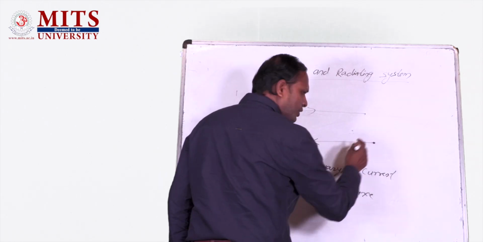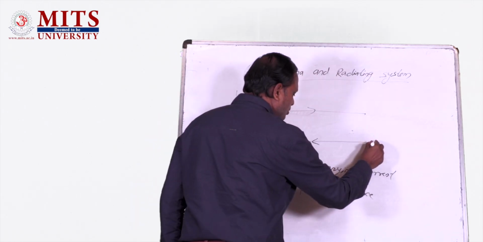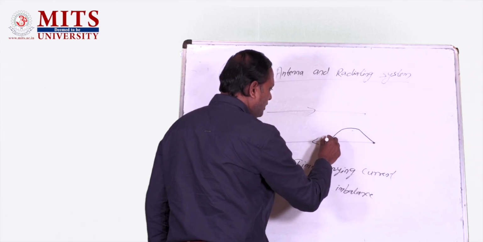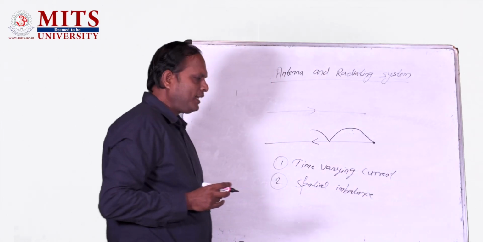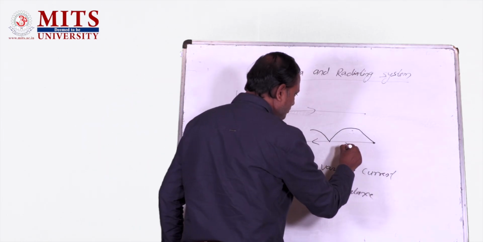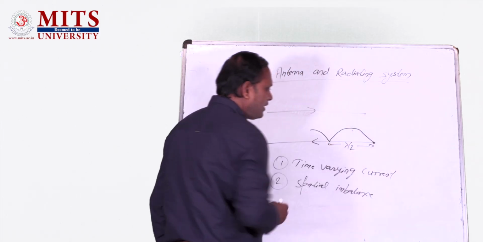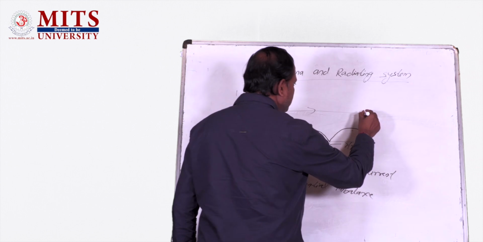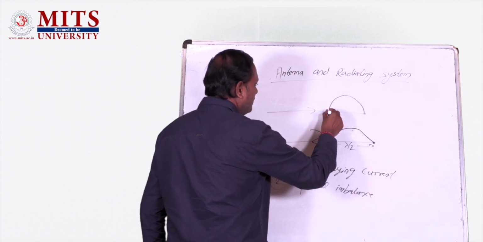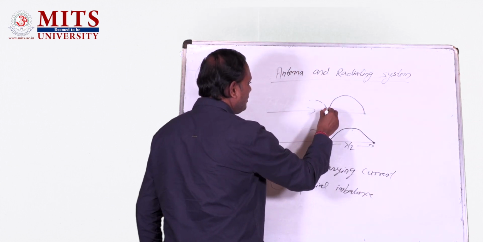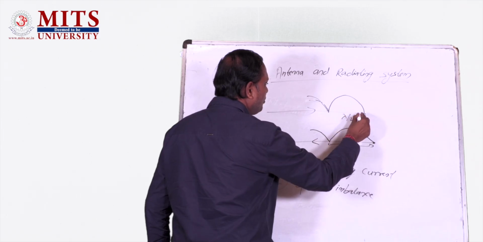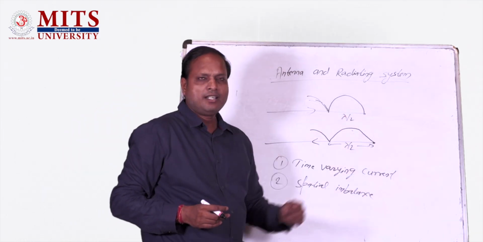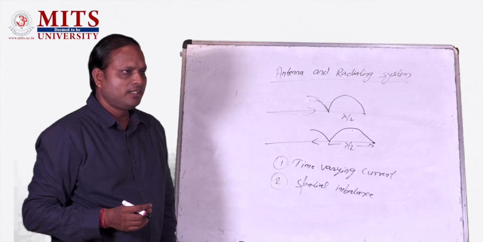When you plot the current distribution, current is 0 and then maximum here, again 0 and again maximum. So at every lambda by 2, current is 0. Similarly, we can plot the current distribution here also. At every lambda by 2, current is 0. However, voltage is maximum at the ends of the transmission line.